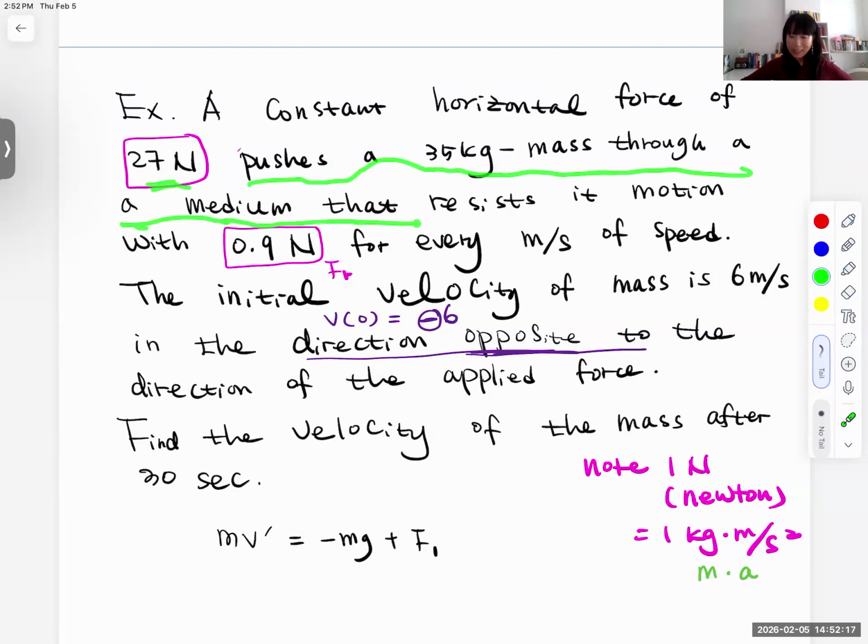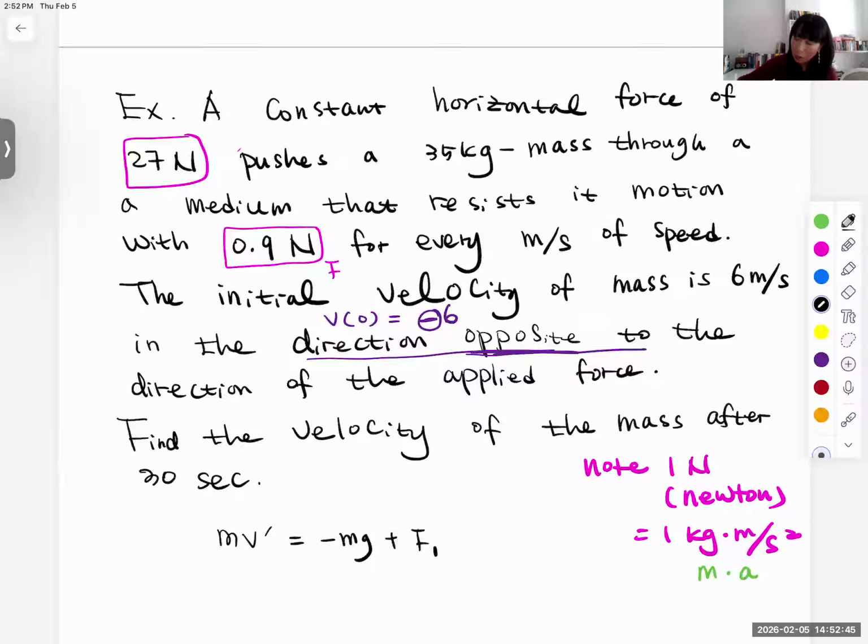So we have a 27 N force that pushes a 35 kilogram mass through a medium that resists, like we just learned in the last section. The medium resists motion with 0.9 Newton, so that's the resisting force F sub 1 in your book, for every meter per second of speed.